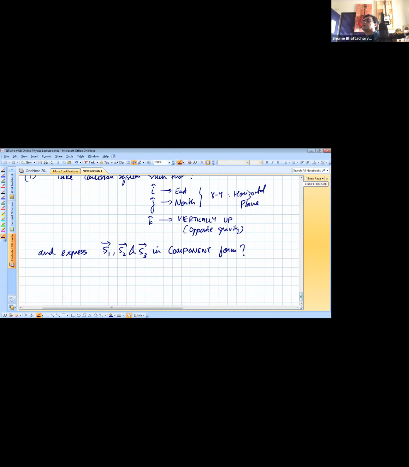And then find the net displacement, which is the resultant sum, and its magnitude.